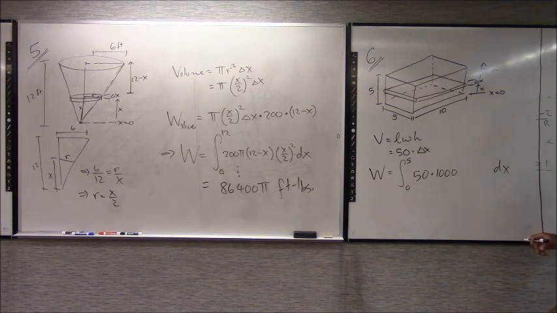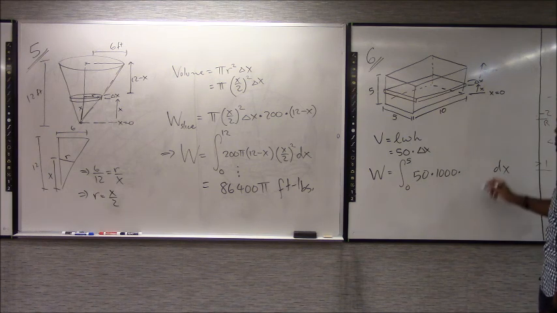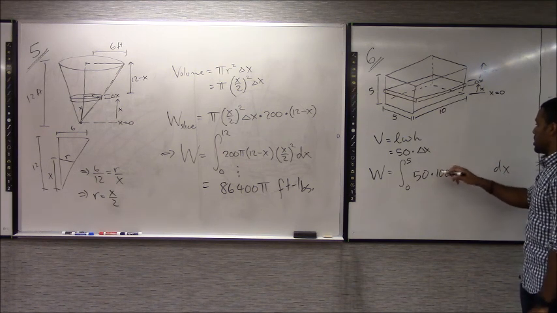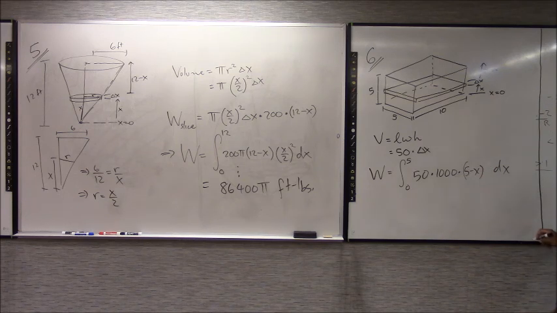And it's 50 times 1,000 times 5 minus x, the distance. So that's volume times density times distance. Then if you take out the 50,000 and solve it, it's 50,000 times 5x minus x squared over 2.